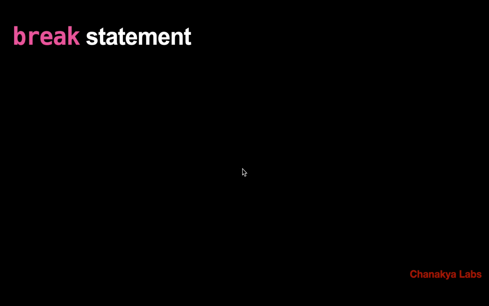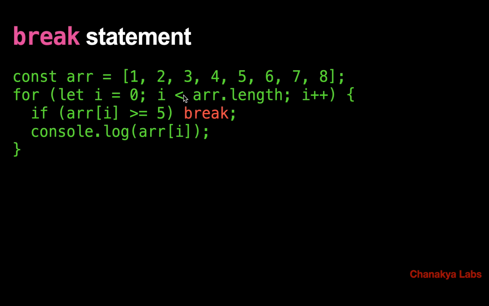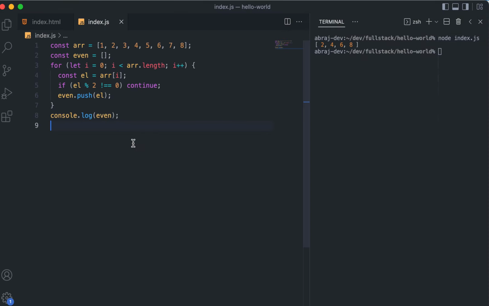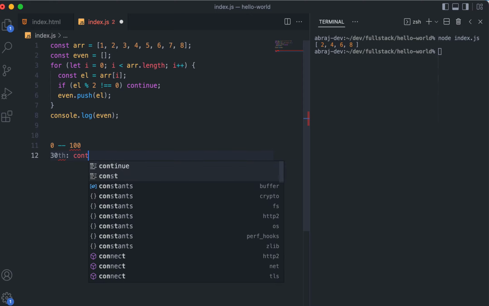Okay, that is fine. Next, there is something called the break statement. Break is almost similar to continue. The thing is that not only does it break from the current iteration, all the iterations afterwards are also not executed. Let's say my iteration is from index 0 to index 100, and at the 30th iteration I did continue.